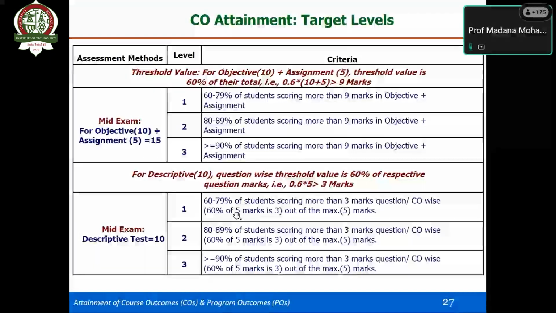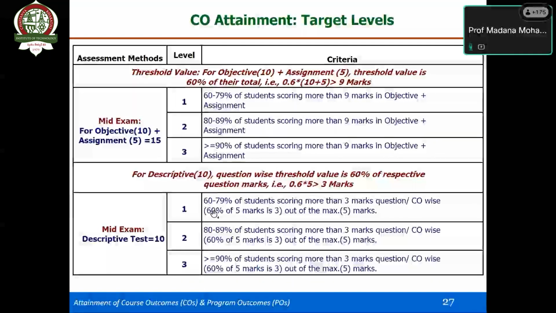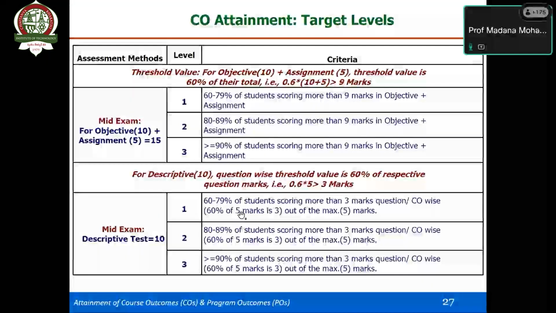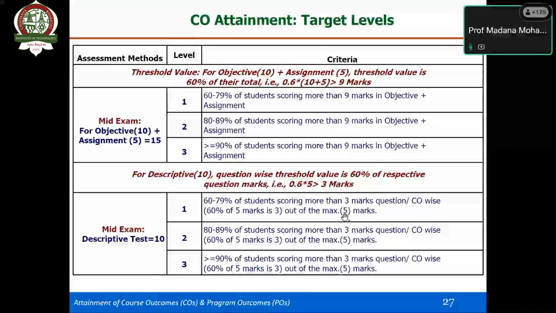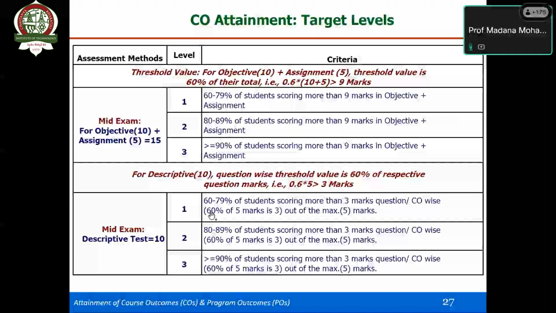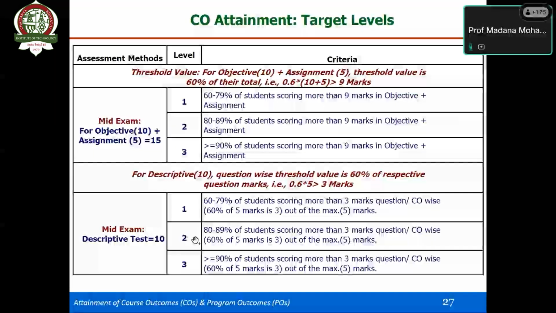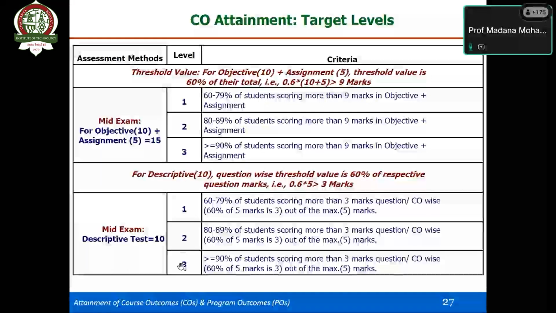The total maximum marks of the particular question is 5, so 60 percent of 5 is 3 out of 5 marks. So for this, we are making it level 1. Then the next range, higher level: 80 to 90 percent who score more than 3 marks in a particular question, then the level is 2. Then more than 90 percent, whoever scored above this threshold, then the level is 3.